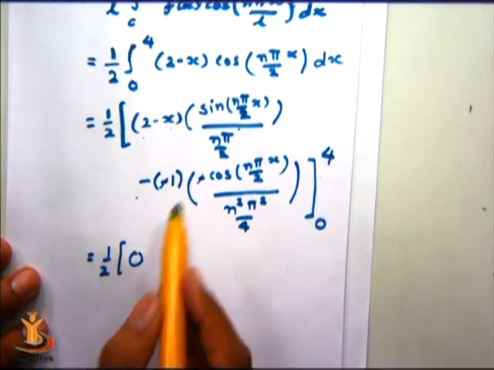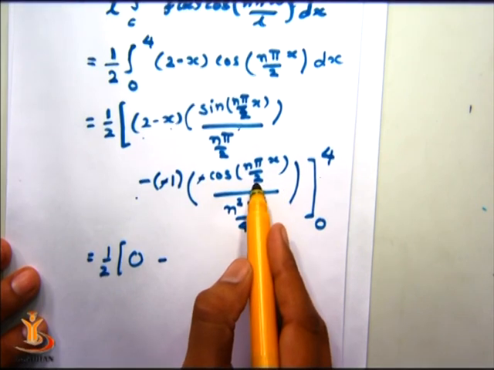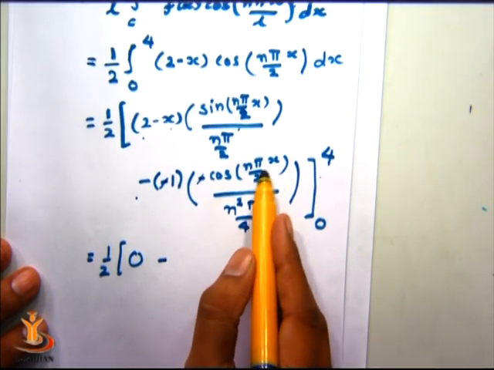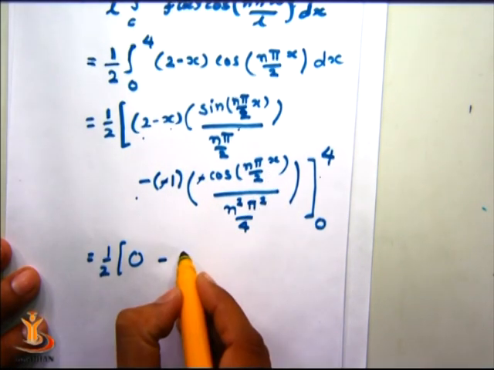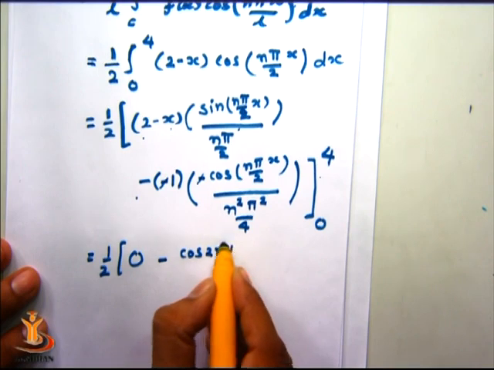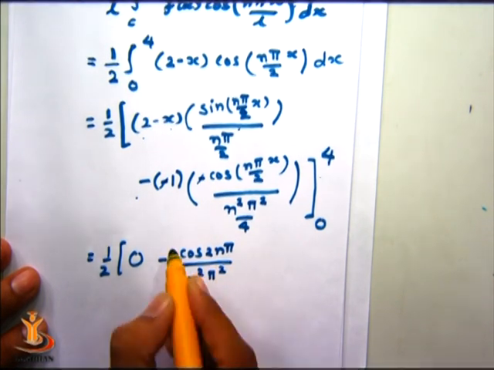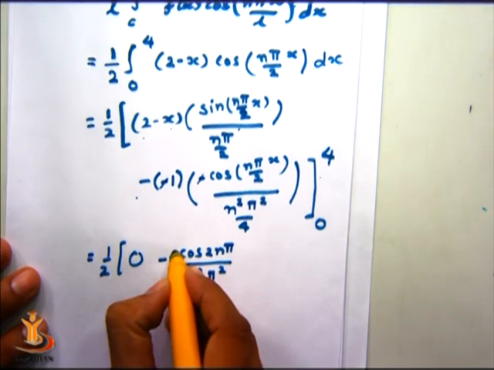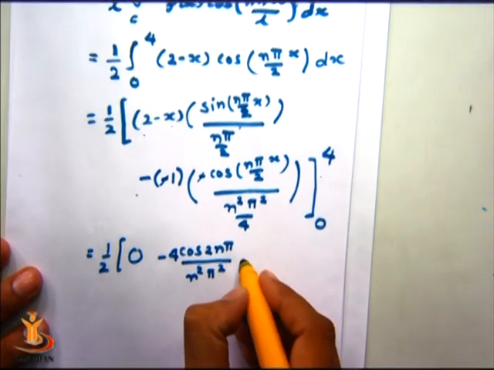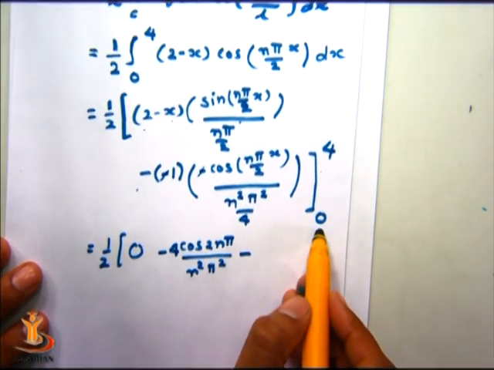So it is minus cos, put x equal to 4, 4 and 2 get cancelled, so cos 2n pi upon n square pi square by 4. So we can write 4 in the numerator, minus the value at x equal to 0 for the lower limit.